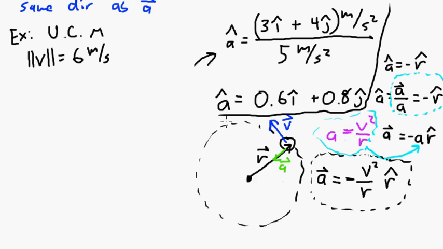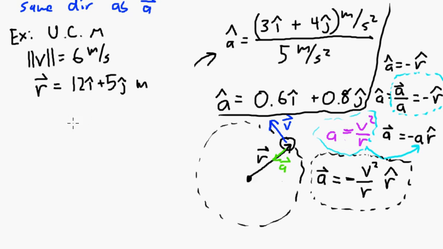So we know it's going in a circle at 6 meters per second. At this instant, the r vector is, let's say, 12 i hat plus 5 j hat meters.